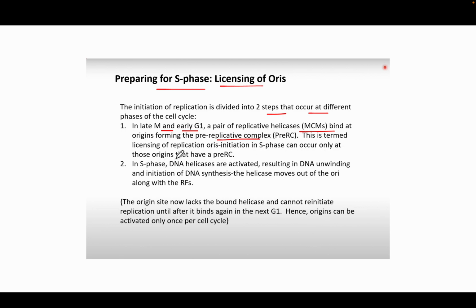This is termed licensing of replication origins. Initiation in S phase can occur only at those origins that have a pre-RC. In S phase, DNA helicases are activated, resulting in DNA unwinding and initiation of DNA synthesis. The helicase moves out of the origins along with the replication forks. The origin site now lacks a bound helicase and cannot reinitiate replication until after it binds again in the next G1. Hence, origins can be activated only once per cell cycle.